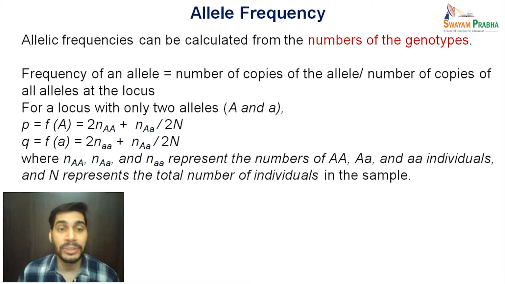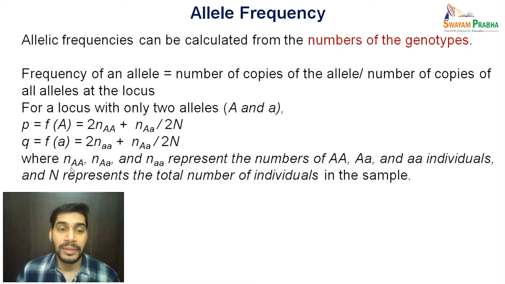Now, to calculate the frequency of the recessive allele, small a, the same formula can be used, that is, twice the number of recessive homozygotes plus the number of heterozygotes, divided by twice the total number of individuals, which means the total number of alleles.